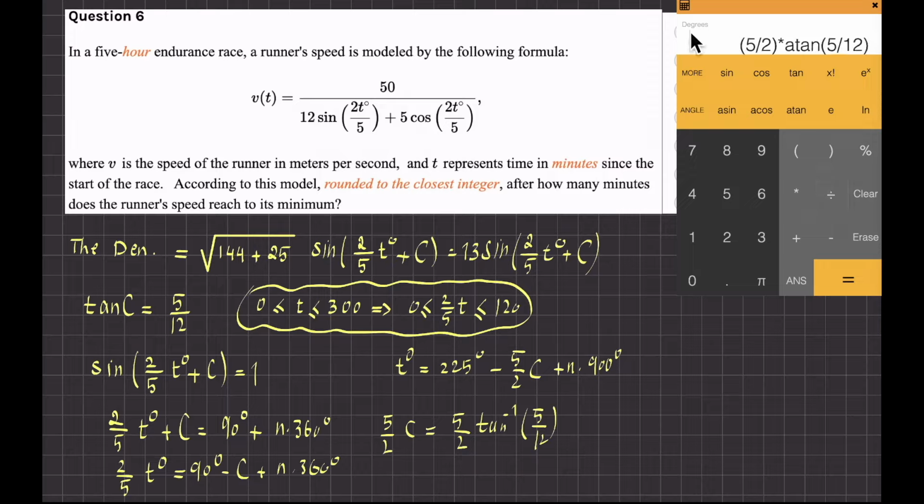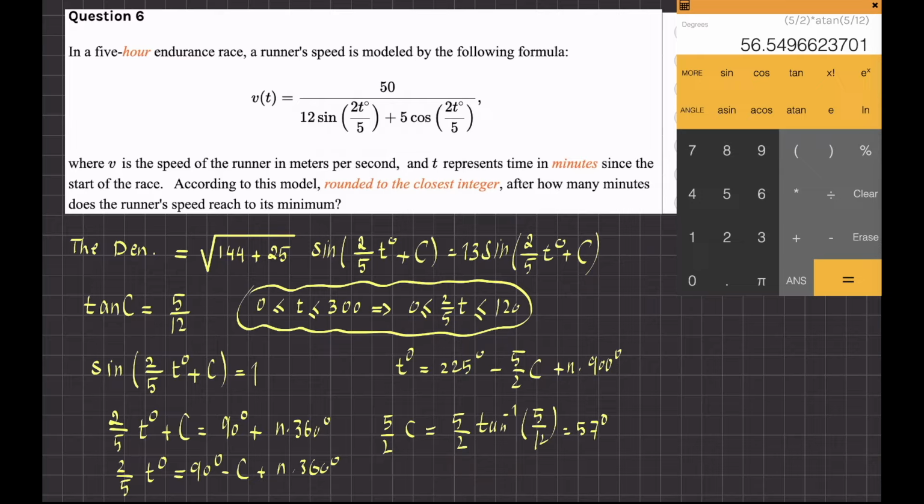It is also in degree mode, this is important to check, and then I press enter or equals to see if I have done it right, but I want to round it to the closest integer, so it becomes 57 degrees. No, sorry, yes, 57 degrees. This is the answer that we get here.